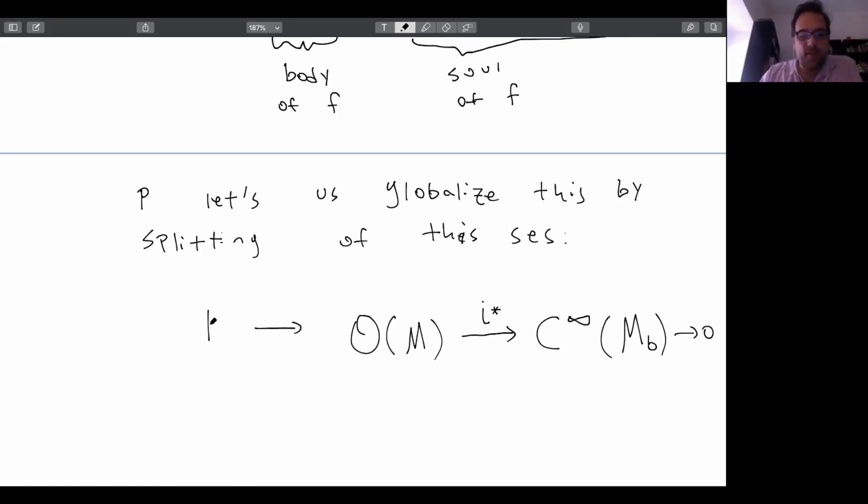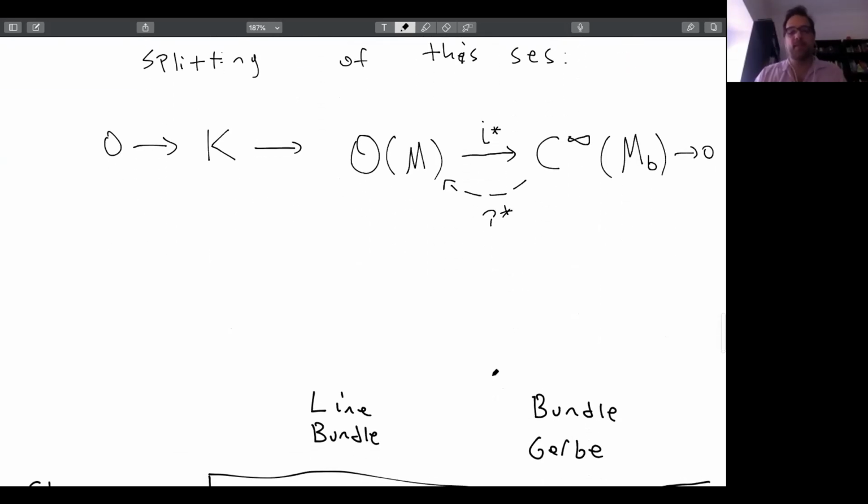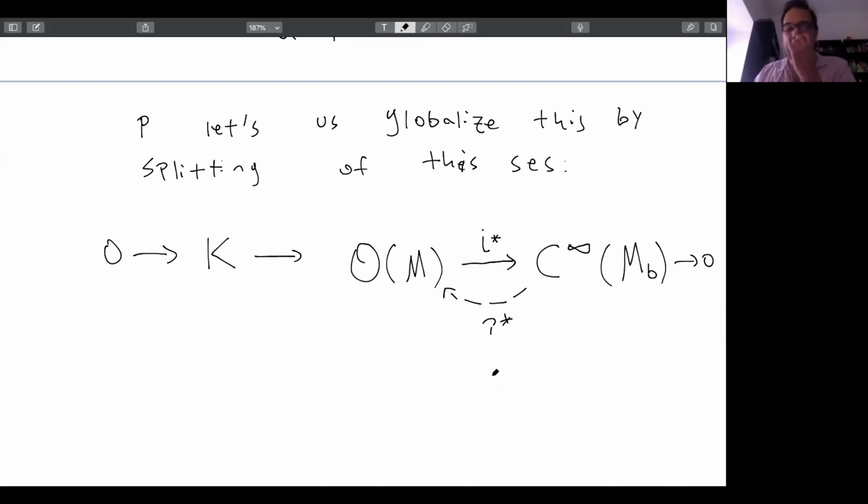So it has a kernel, which is the soul part of these functions. And P provides a map that splits this short exact sequence. So it decomposes any one of these functions into a body and a soul. Okay, so now let's talk about bundle gerbes.